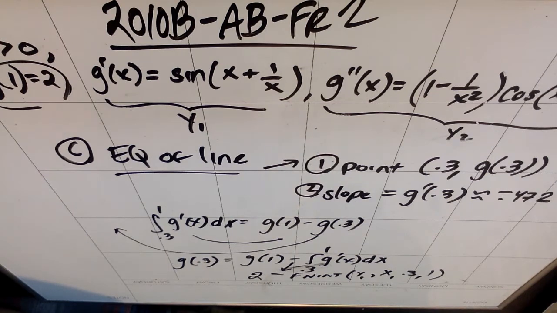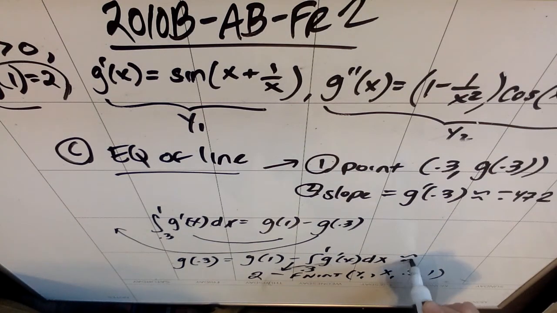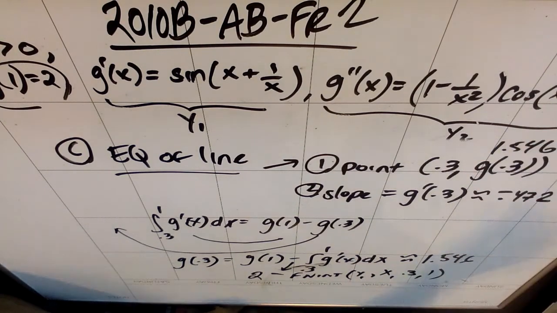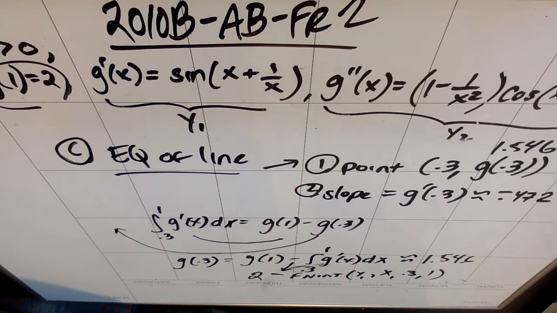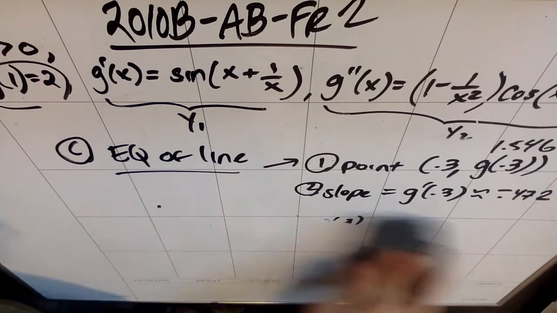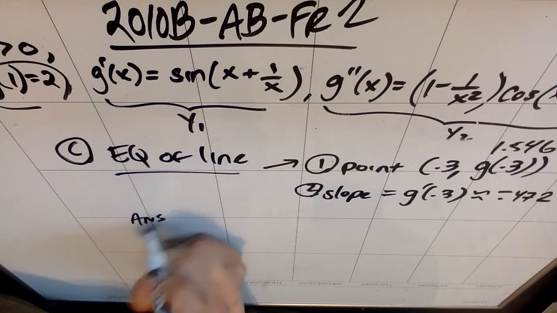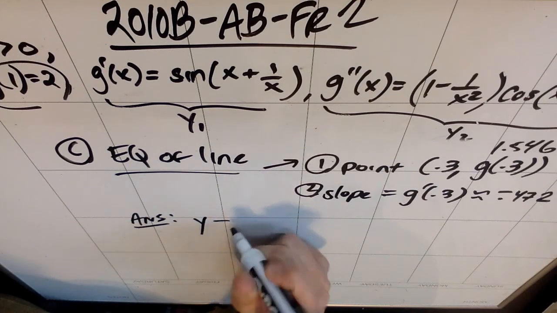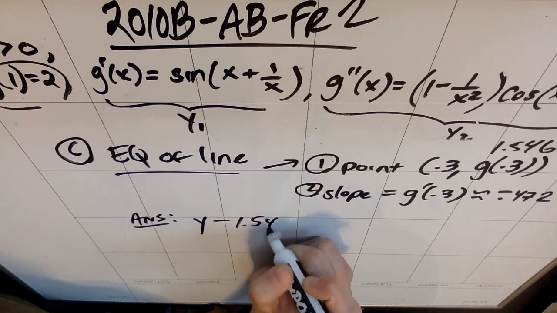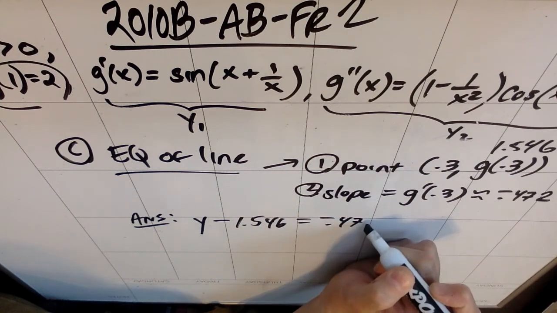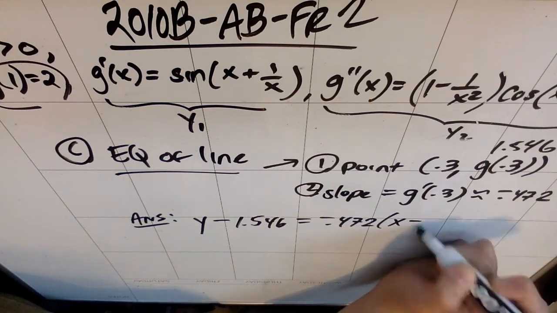So once I know that this is 1.546, now I have my point, and I have my slope, which was negative 0.472. So all I have to do is write my answer in point slope. So my answer is y minus the y value, which is 1.546, equals m, which was negative 0.472, times x minus the x value, which is 0.3.